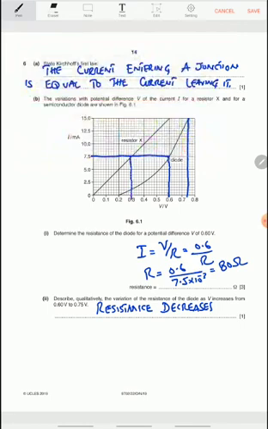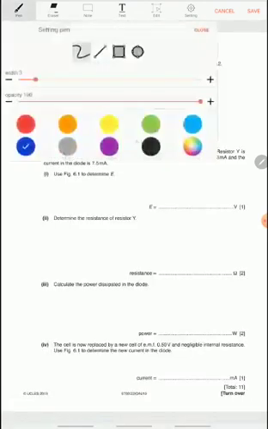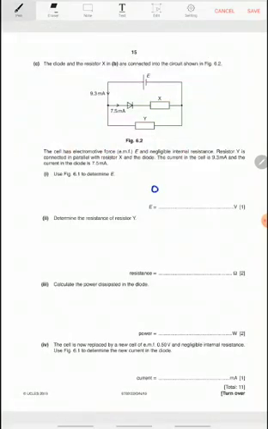Since in a series circuit the voltage divides, the total voltage will be 0.3 plus 0.6, that is 0.9 volts. Now switch off the pen and move to the next page.